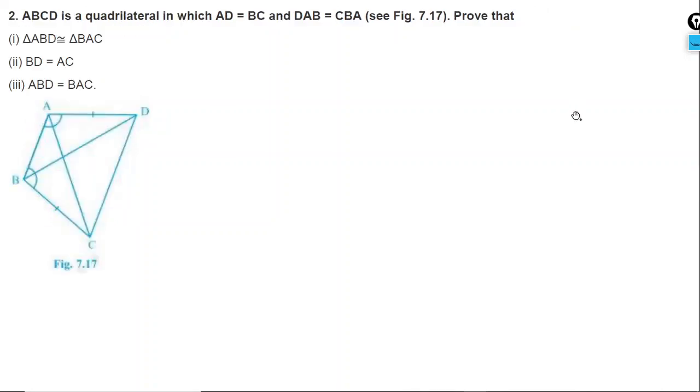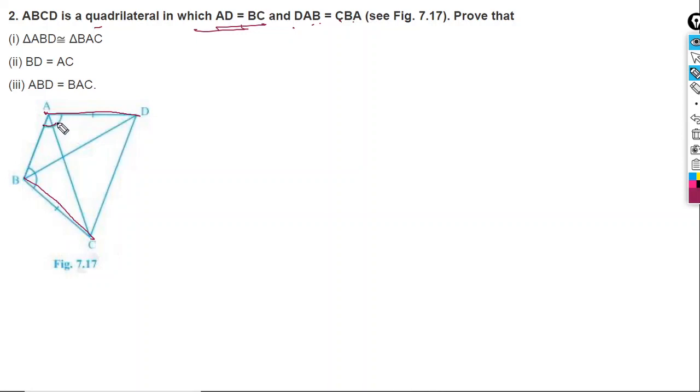Now we'll move to question number 2. ABCD is a quadrilateral. Here you can see in the figure ABCD is a quadrilateral in which AD equal to BC. Angle DAB equal to angle CBA.